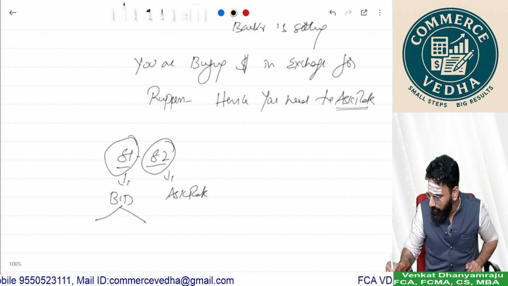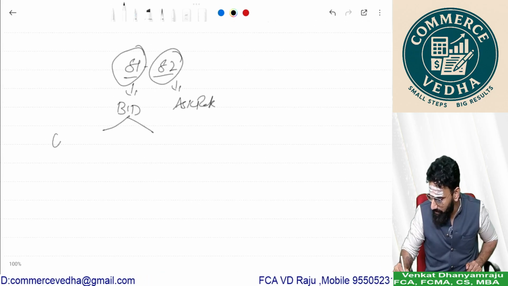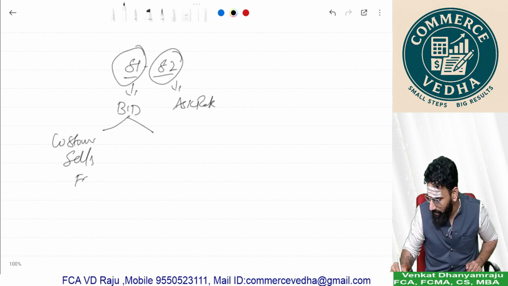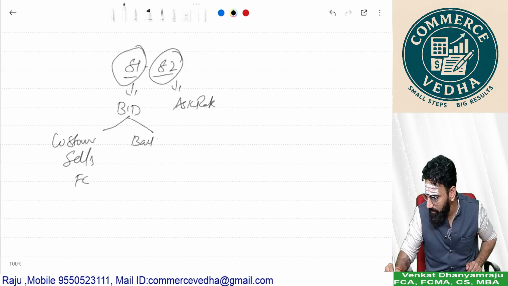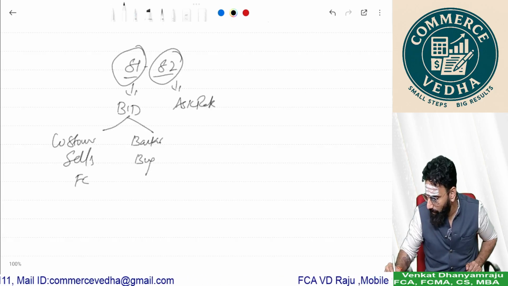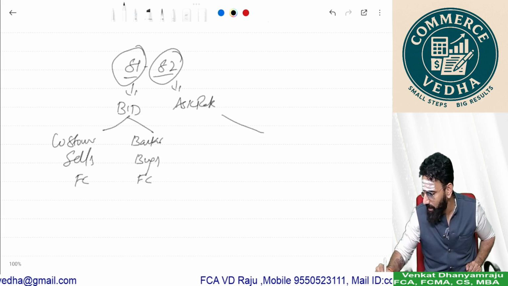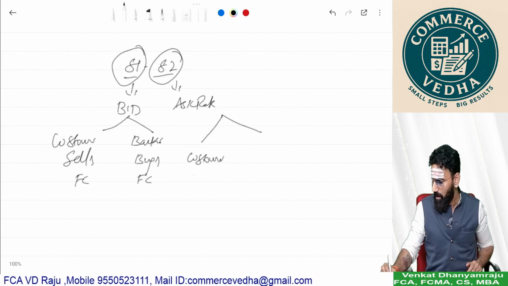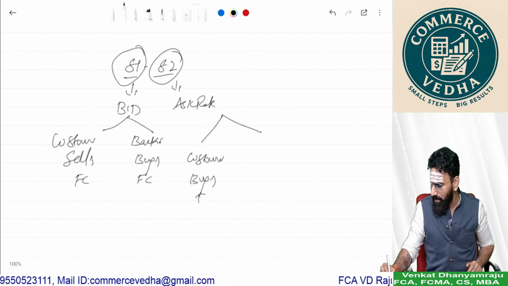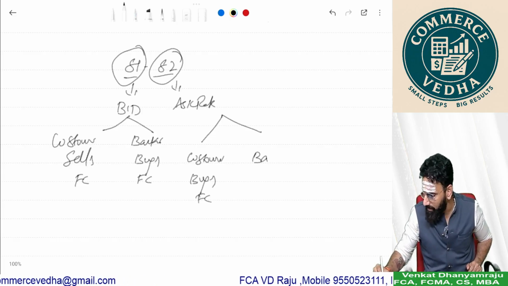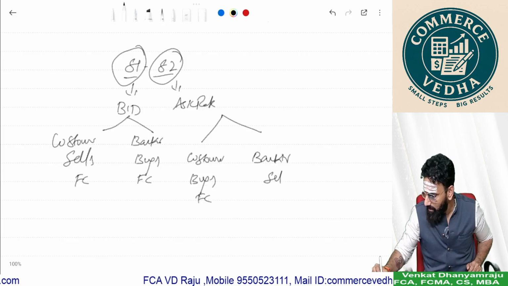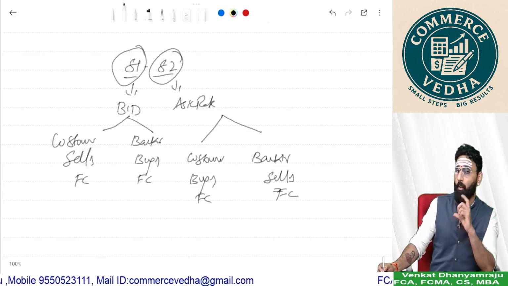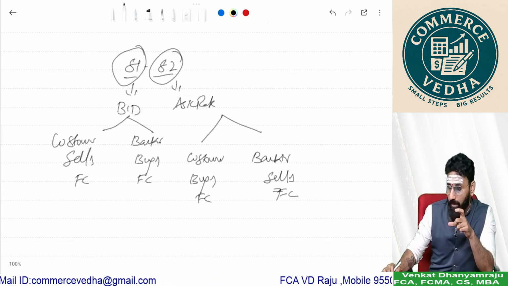At bid, the customer sells foreign currency and the banker buys foreign currency. At ask, the customer buys foreign currency and the banker sells foreign currency.